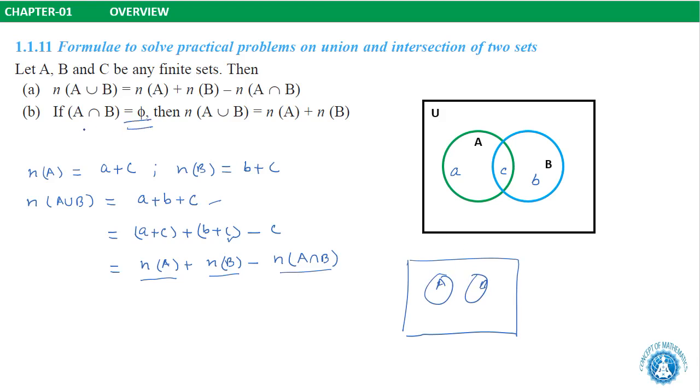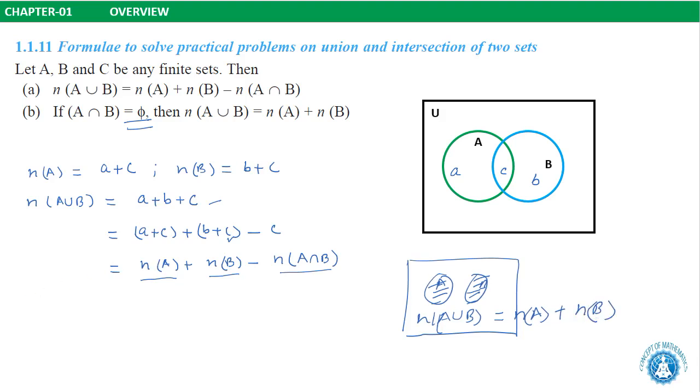This means the sets are disjoint, then the union will be represented by this one. So n(A union B) equals the number of elements in A plus the number of elements in B.